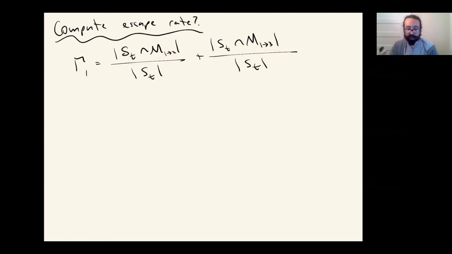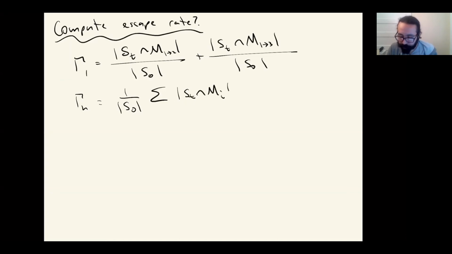So the probability is just going to be, schematically, the area of phase space at time t over what is my initial volume. And you can generalize this over n bounces by summing over all of the areas of the different phase space strips corresponding to a particular n bounce class.